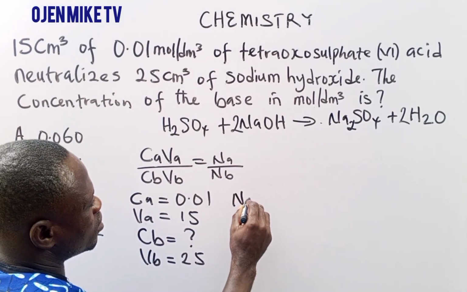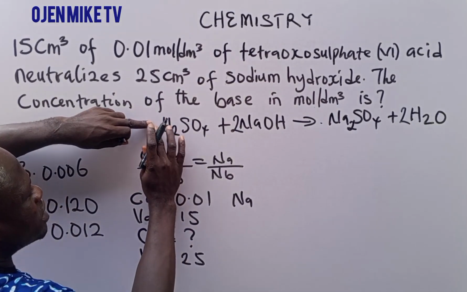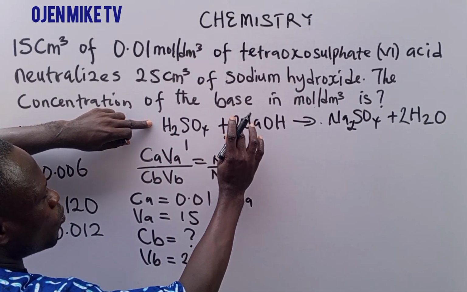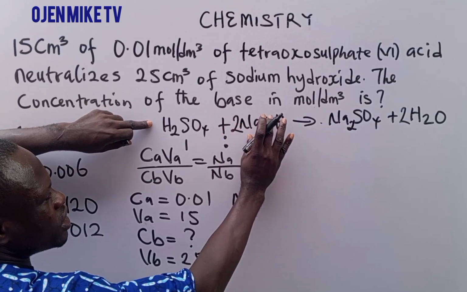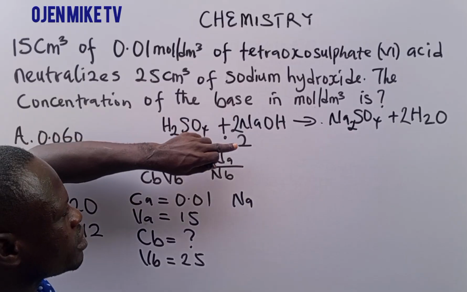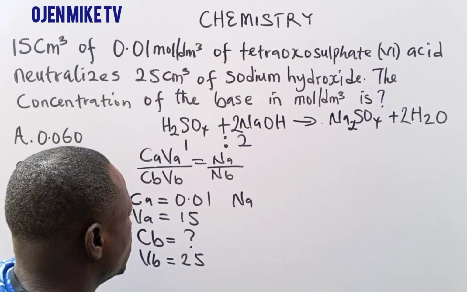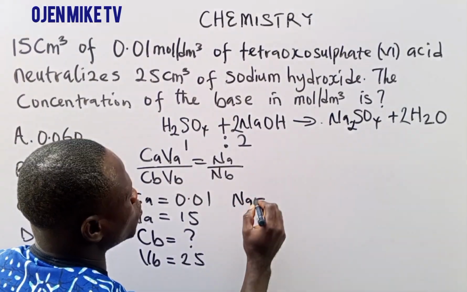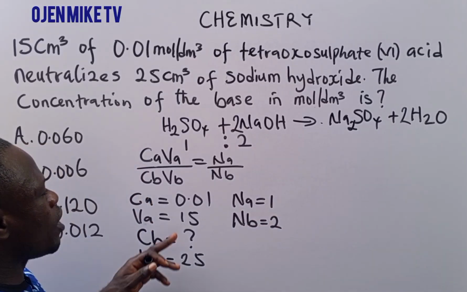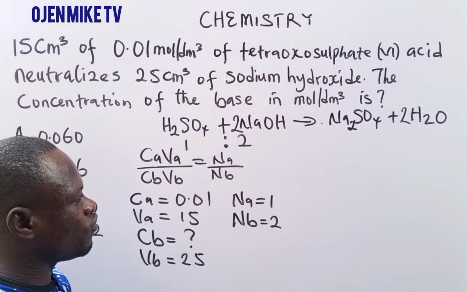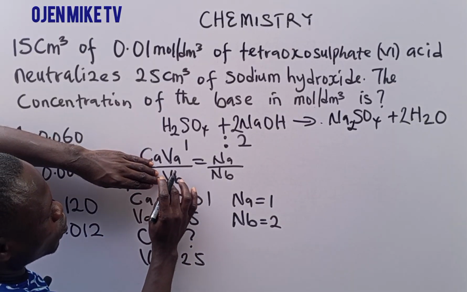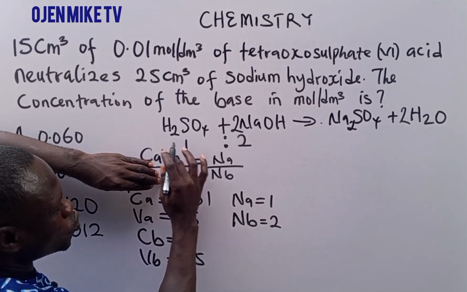Now the next thing is your mole ratio, Na over Nb. What is in front of the acid here? Nothing. So it's 1 to 2. What is in front of this sodium hydroxide is 2. It means that acid is 1 and base is 2. Are you following? So Na is equal to 1, Nb is equal to 2. Now we are going to make Cb the subject of the formula. If you cross multiply, this one will go down, this one will go up.